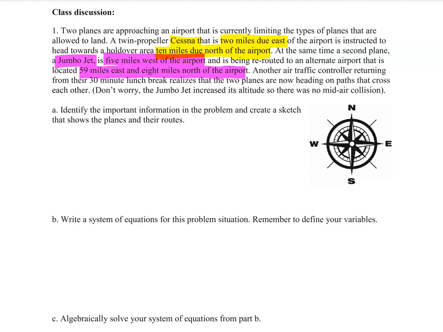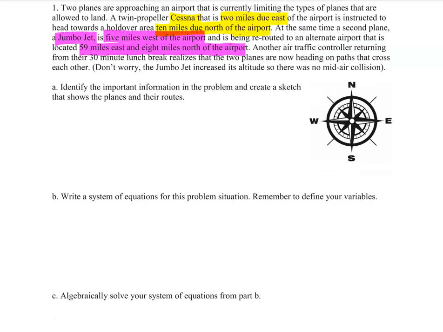Using this problem, letter A, identify the important information of the problem and create a sketch that shows the planes and the routes. Okay. So let's say that this point A here is the airport.